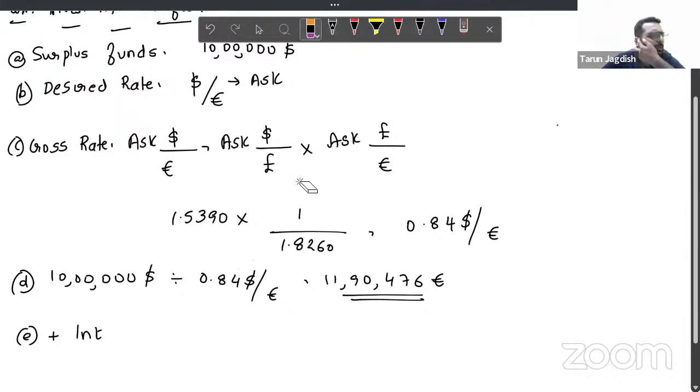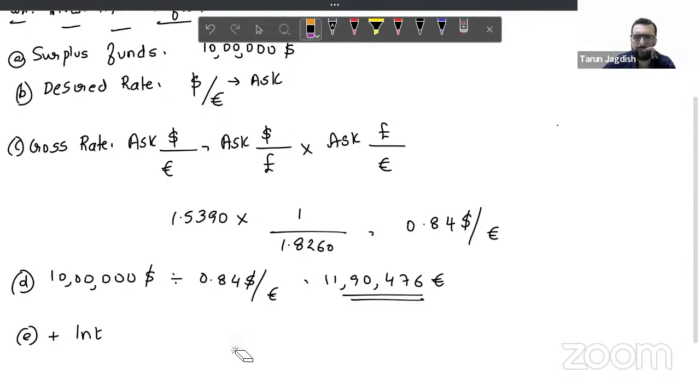I need dollar per euro. So I'll sell dollar. The bank will buy dollar and return sell. So ask dollar per euro is what I want. That will be ask dollar per pound into ask pound per dollar. So ask dollar per pound is 1.5390. It's rounding off, is it? Okay.